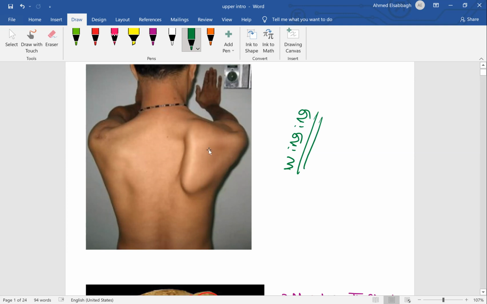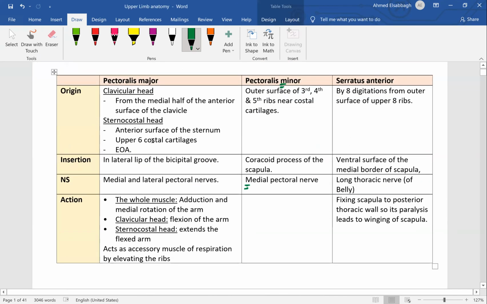How can we diagnose it? We will ask the patient to push against the wall, so we will find the winging like this. What is the cause of winging of the scapula? Injury to serratus anterior or its long thoracic nerve. This is what you should know from this table.